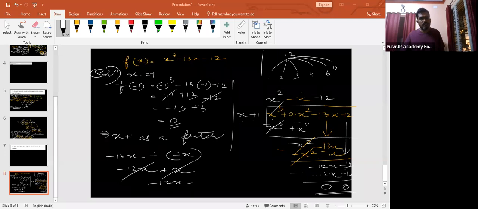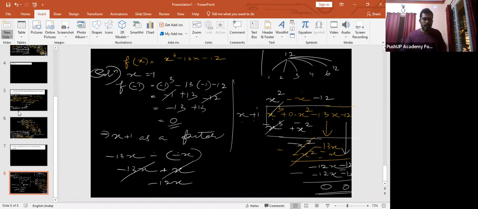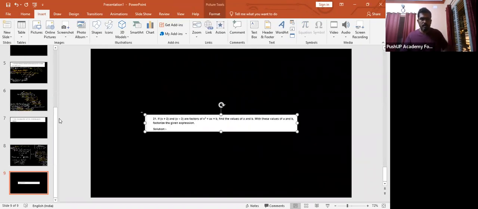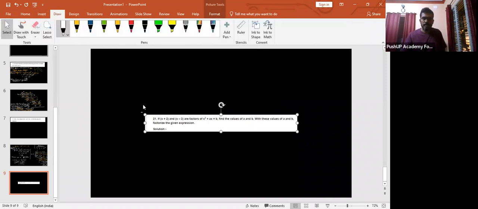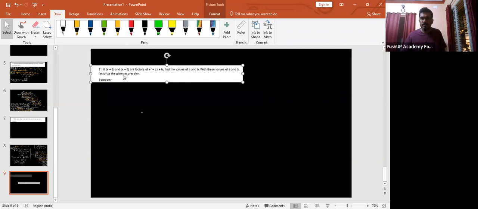For sums like these, before doing the sum, should we show that the given x plus 1 is a factor? Yes, you have to show that. If there is a 4-marker question in the exam, this will be the 4-marker.